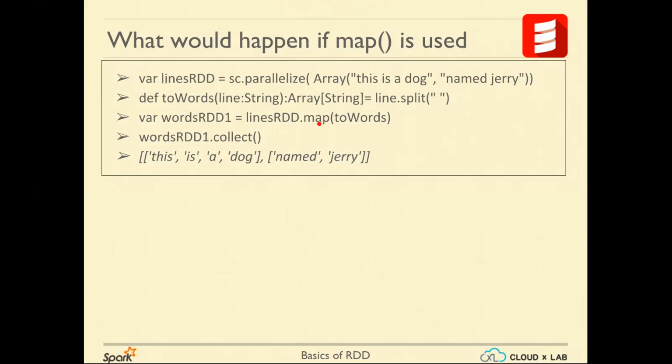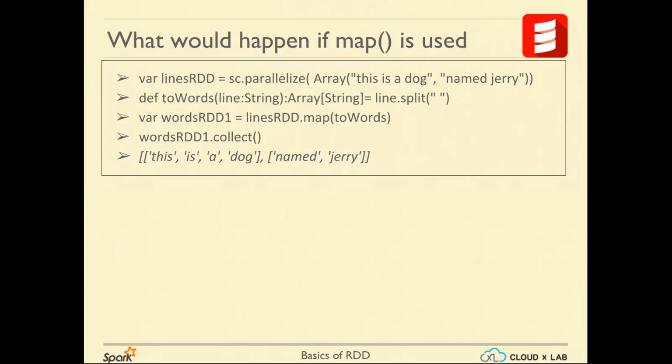Okay, is it clear to everybody? The difference between map and flat map? So what if we used map instead of flat map? Map can never increase or decrease the total number of elements in the resulting RDD.